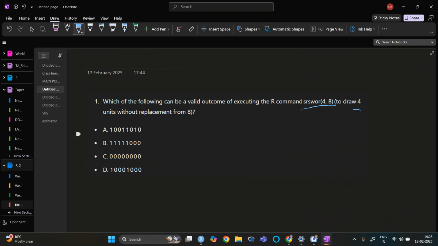SRSWOR is basically drawing 4 units without replacement from 8. In the first option there are 4 units, so this one is the correct answer.